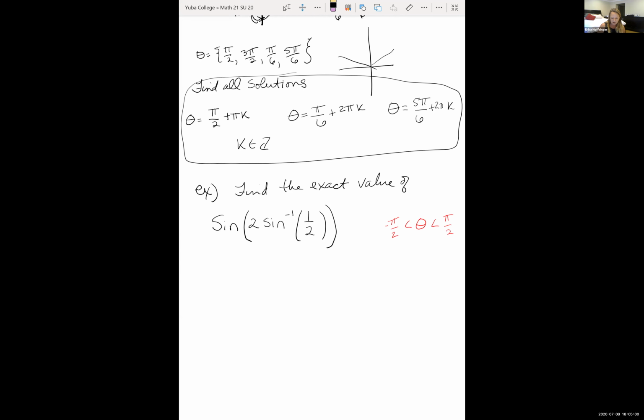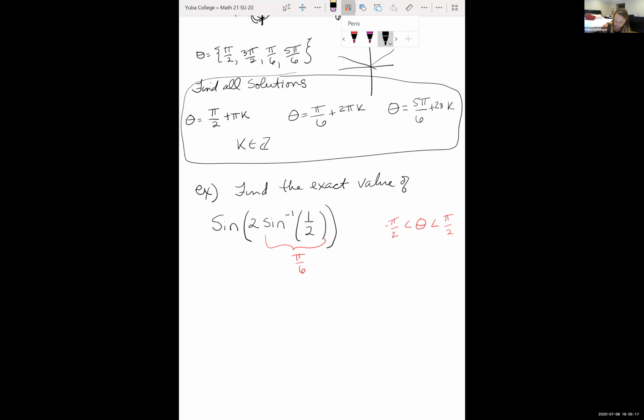And so the value that would give me sine inverse of 1/2, well, sine of 30 degrees is 1/2, so that's pi 6. So this right here is just pi 6. So let's just rewrite it.